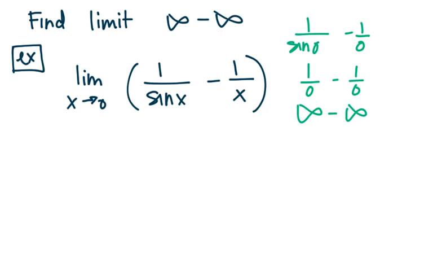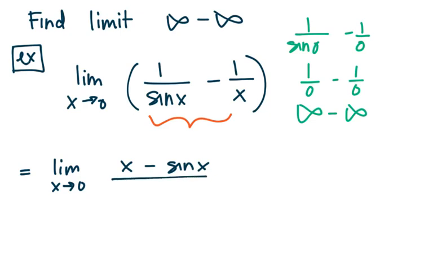So how are we going to handle this infinity minus infinity situation? Well, I want to write this as one fraction. I can get common denominators and add these fractions together. So the limit as x goes to 0 would be x minus sine x over x times sine x.